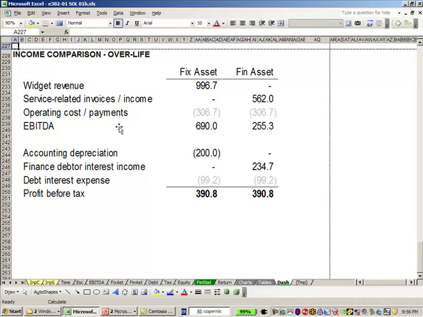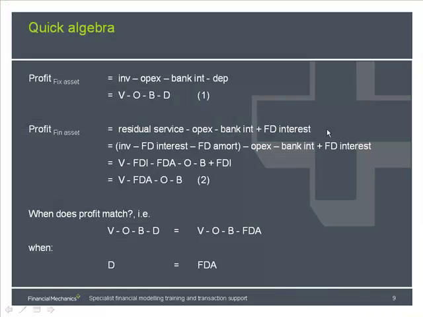So you have to be careful if you're shifting over and just taking these numbers, you Corp Fi guys doing your valuation multiples. But the profit profiles would not be any different. So with a difference in the profile of depreciation versus the profile of the finance debtor amortization, we have a difference in the profile of the profit.